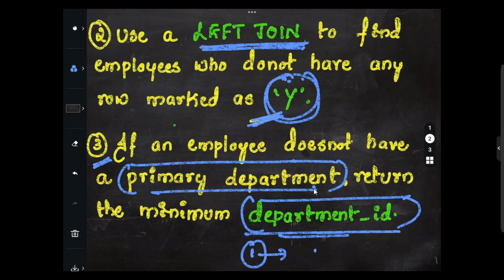He had only one department ID, which was 1, and that was flagged as n. So this was the minimum and we considered this directly for example 1. That is what we do here: if an employee doesn't have any primary department, we return the minimum department ID. I hope this is completely clear.